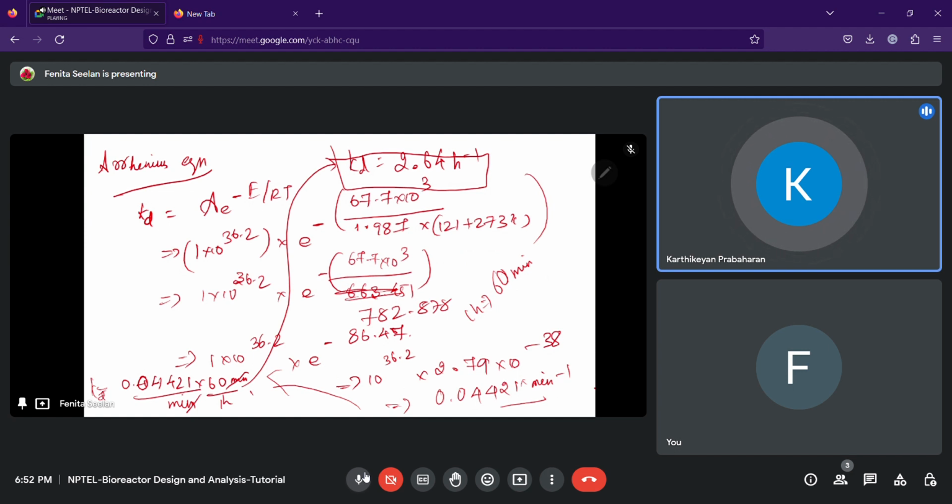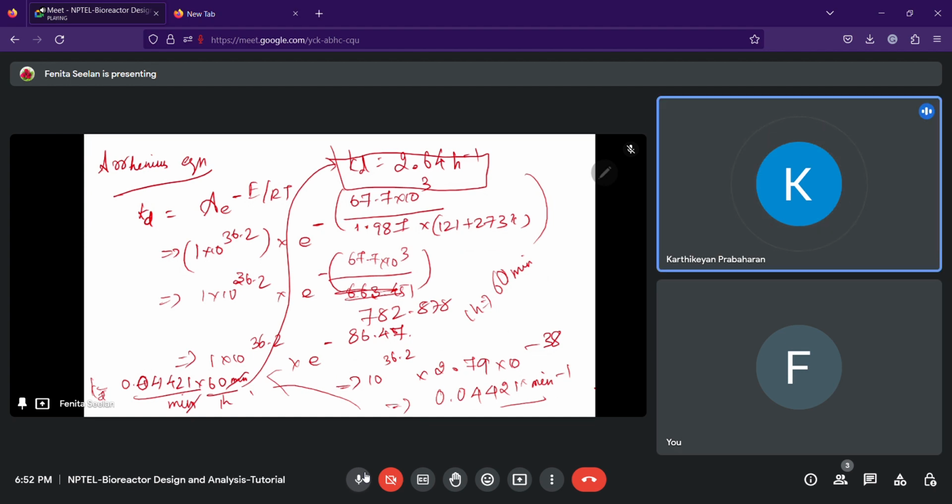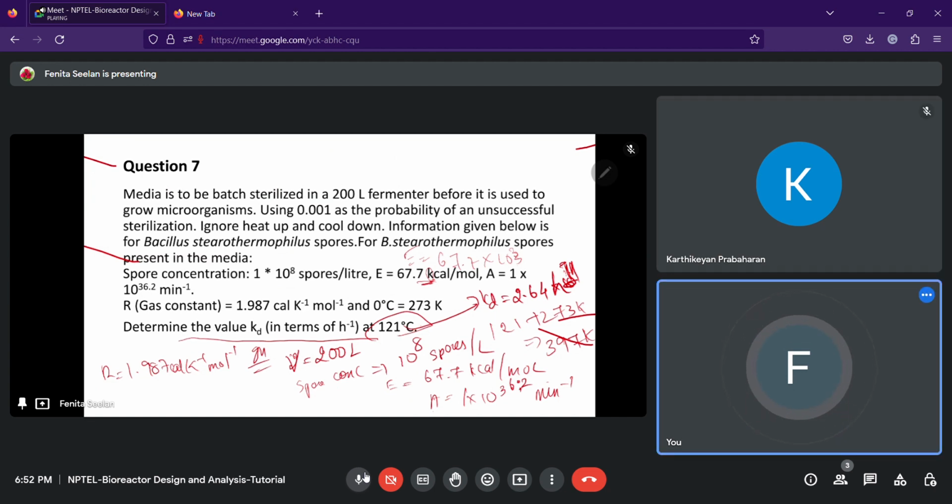We don't need to take that 0 degree into consideration, right? No, no. E by RT as such you have to take. Ma'am, whether we have to take only one particular temperature. So here the temperature given is 121, right? Yes, ma'am. Yeah, in your question, no other temperature is given to you.